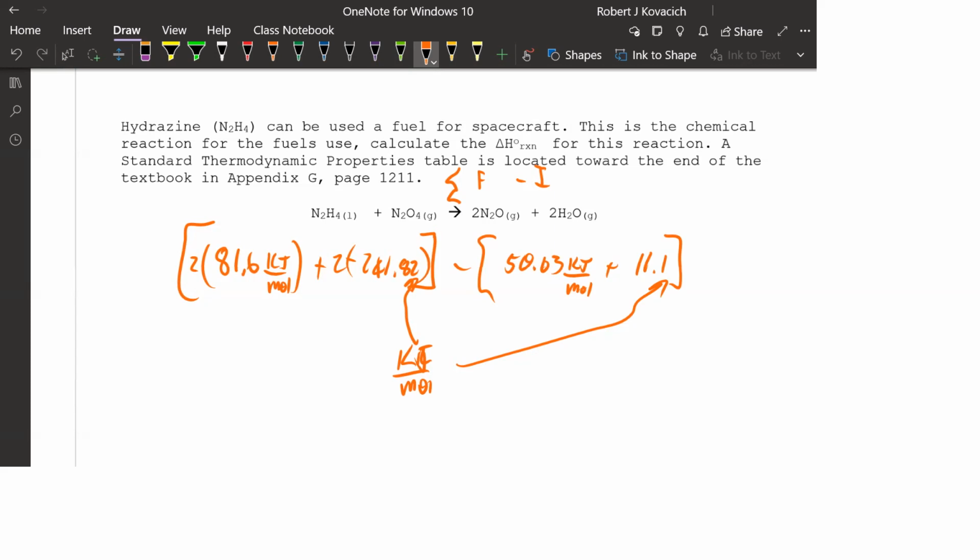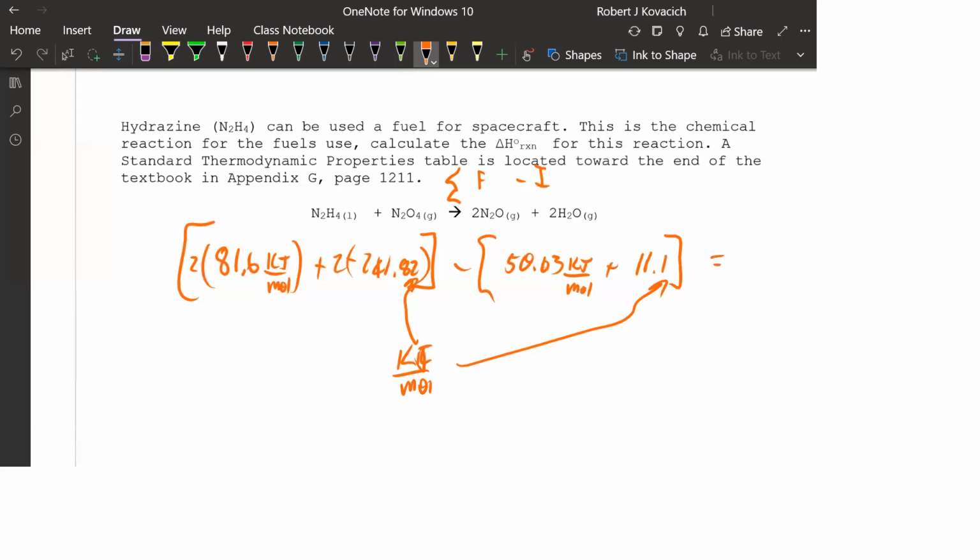So that's what we end up with. And so we have to subtract off what we started with, which is 50.63 plus 11.1, close parentheses, equals.